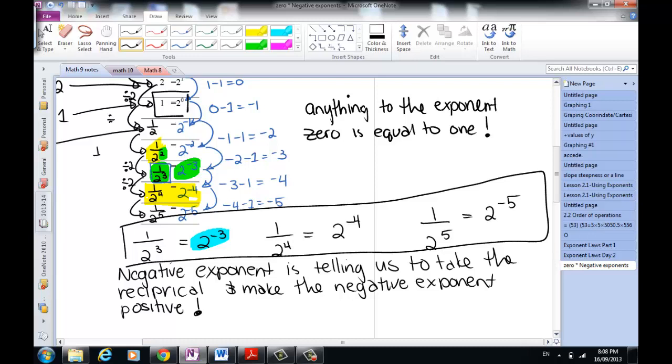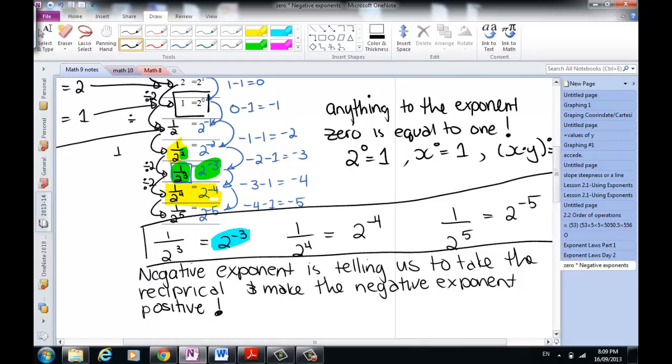I know that we saw this before, but some examples: if I had 2 to the power of 0, we saw that that's 1. X to the power of 0, again, is equal to 1. X multiplied by y all to the 0 is also equal to 1. Anything to the exponent 0 is equal to 1. Alright, let's do some examples.